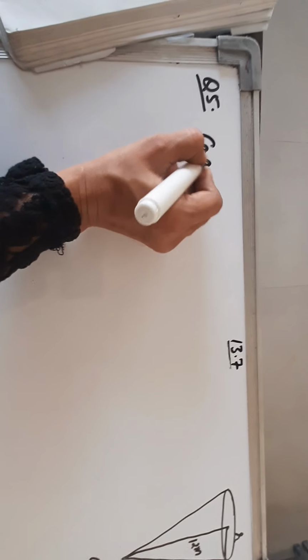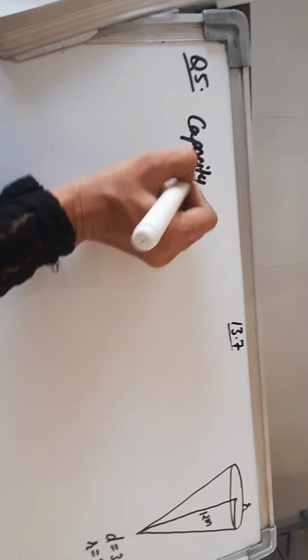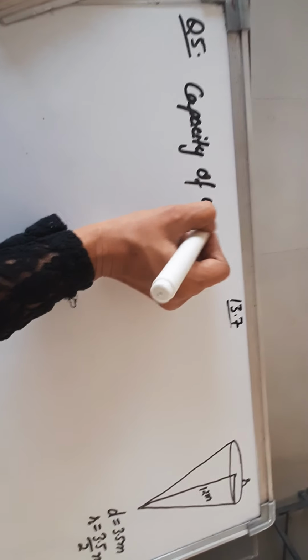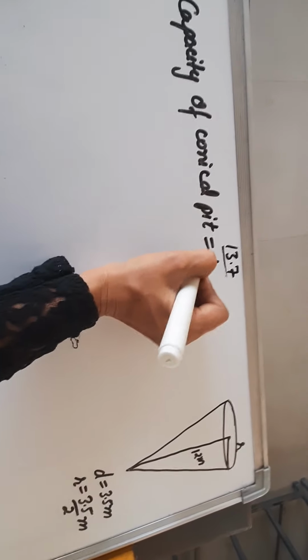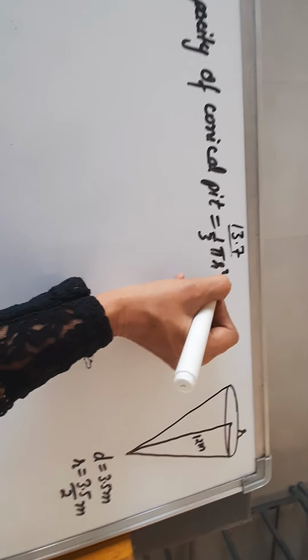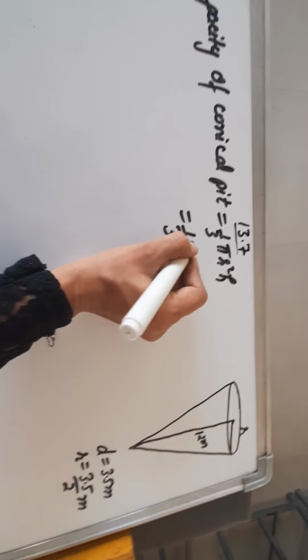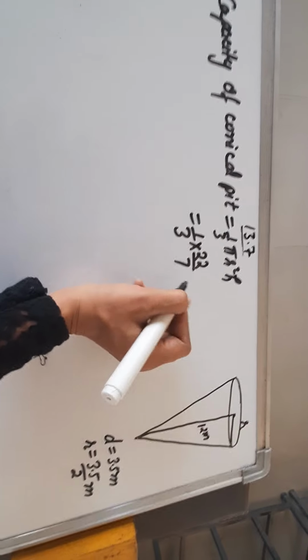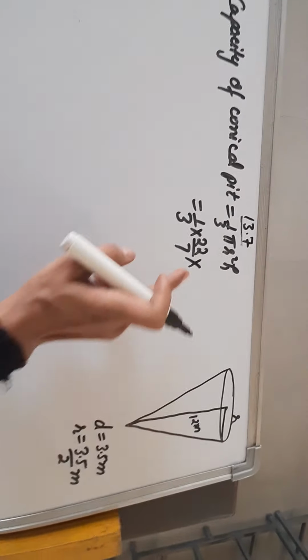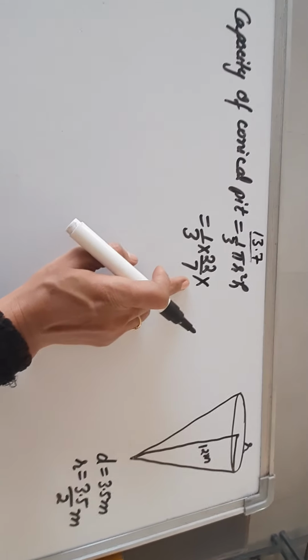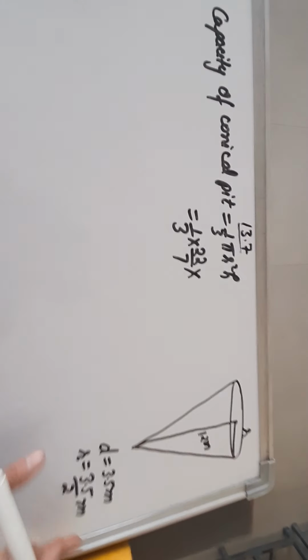So we will write capacity of conical pit is equal to 1/3 πr²h. So let us put the values. 22 by 7 into radius. We'll put it in fraction because, as I told you, whenever there is multiplication, always put it in fraction form.